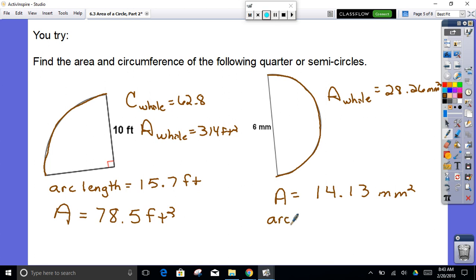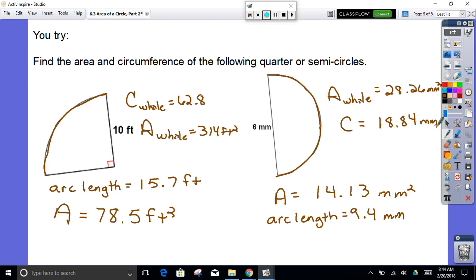So the arc length would be 9.4 millimeters. If we find the circumference of a circle with a diameter of 6 millimeters, we end up with a circumference of 18.84 millimeters. Dividing that by 2 gives us 9.4 millimeters.